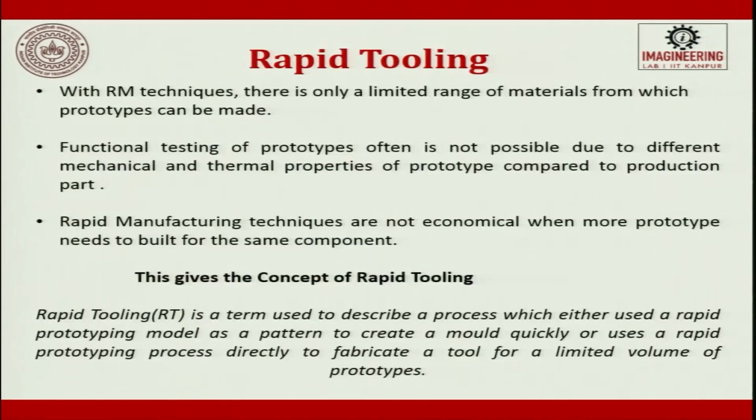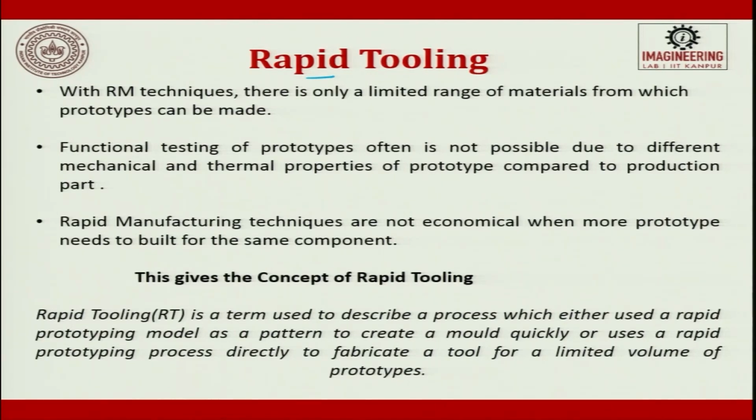Now let us try to understand where rapid manufacturing gets the name rapid tooling. With RM techniques, there is only a limited range of materials from which the prototypes can be made. Functional testing of prototypes often is not possible due to different mechanical and thermal properties of the prototype compared to the production part.